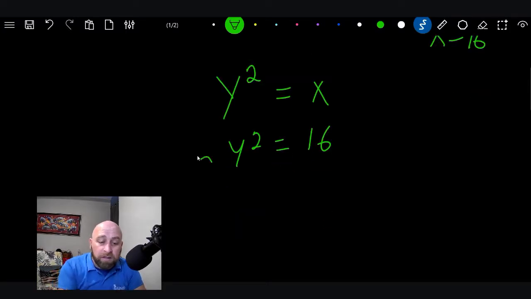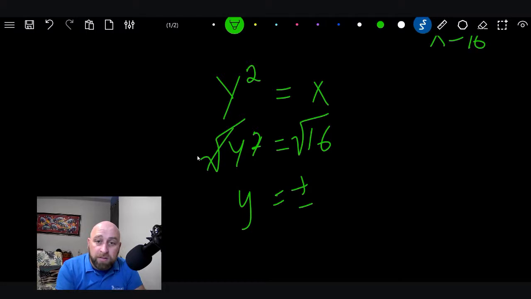Well, when we square root both sides, we get y equals, remember we have a plus minus because we have to square root both sides, 4. Notice that we get y equals plus minus 4. That plus and minus, that's two answers, a plus 4 and a negative 4.